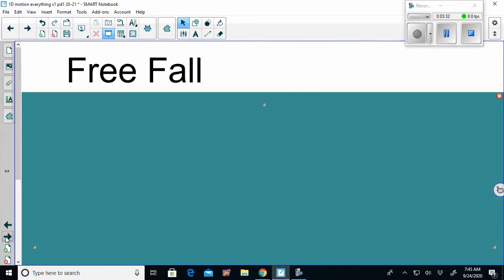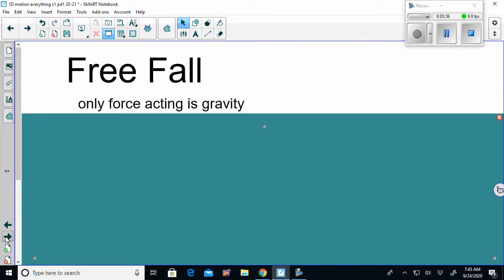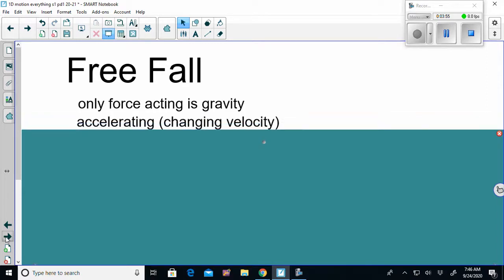So a couple things about free fall. One, the only force acting is gravity. Okay, so we're going to be in happy physics land, so we're not going to worry about air resistance at this point. So gravity is the only thing acting on it.